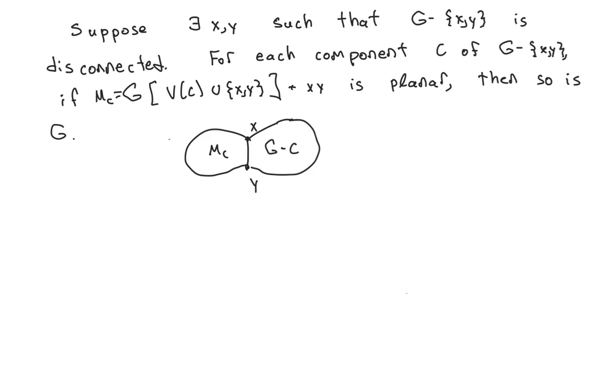And the idea is in each of these components, well, you use induction, so each component with the added edge is planar. Now draw a plane graph of this component with that edge on the outer face, and then glue these two drawings together. So again, our theory about being able to draw nice subgraphs in a nice way with your favorite vertex or edge on the outer face is really doing some heavy lifting here.